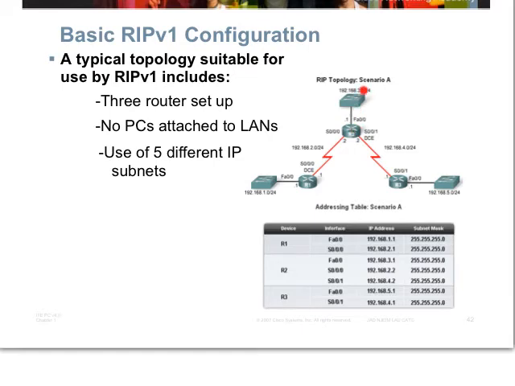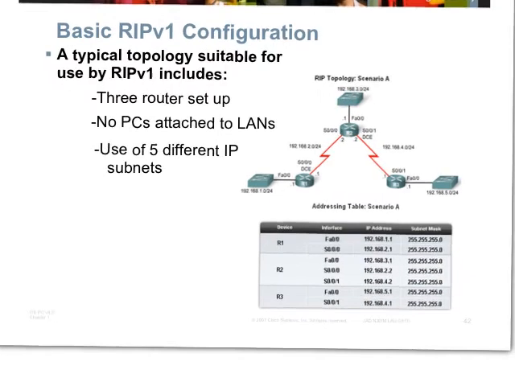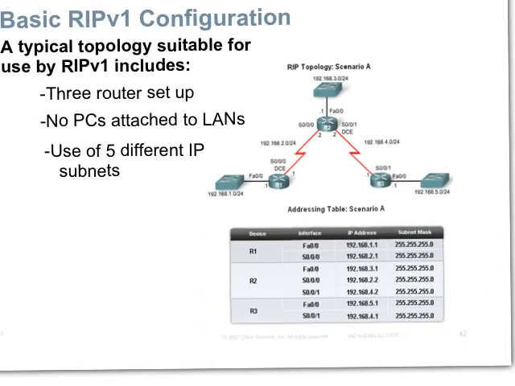Each router has one connected switch with possibly some PCs, but we don't have to talk about PCs. For us, it's a network with a network address. And here, for example, the network address is 192.168.3.0. Again, you need to review and refresh your memory with all the concepts about IP addressing and subnetting from 455, because this is very, very important.